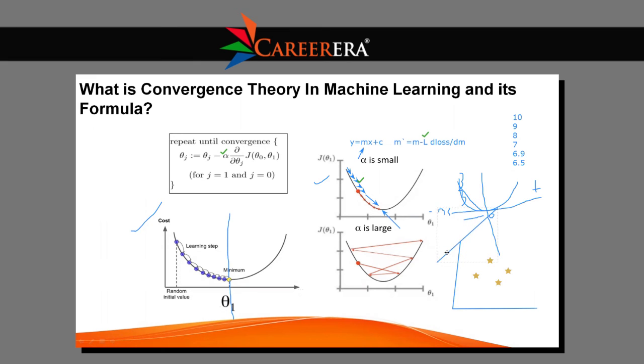So first when the error was 10, then it moved to 9, then 7, then 6.9, then 6.5, then 6.4. So it indicates that we are getting really close. And as the line is getting closer, it is reaching closer to zero.